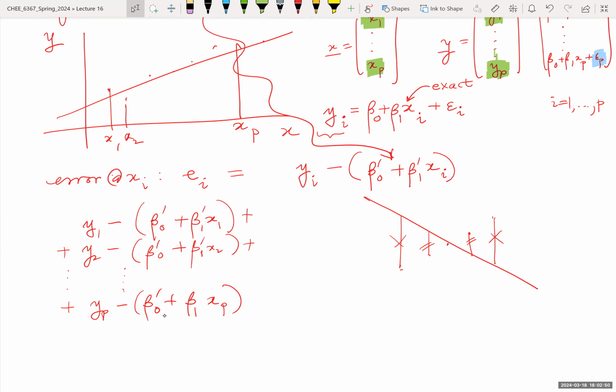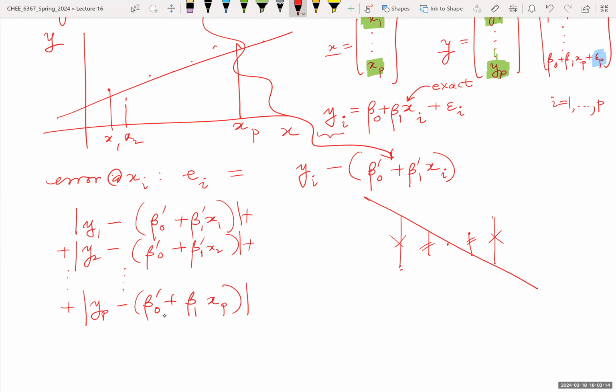The thing is that you want to avoid positive and negative errors, which can be done in a number of ways. You need to make the magnitude of the errors small, not the errors, the actual values. One way to capture the magnitude of the errors would be to take the absolute values, right? This qualifies as the magnitude of the error.